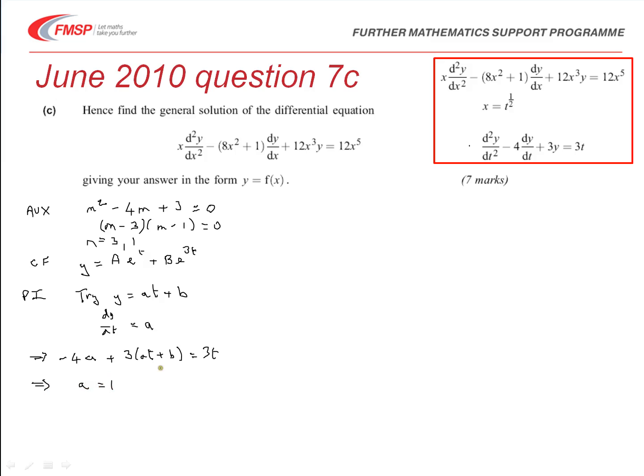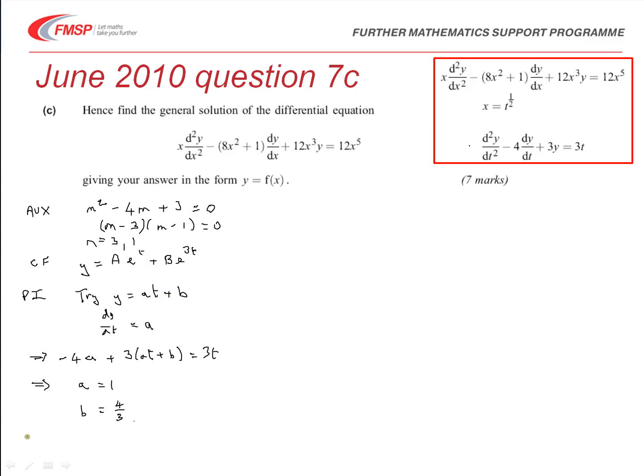And then comparing the other constants, we got 3b and minus 4a, so if a is 1, that will be telling us that b will have to be 4 over 3. So that gives us our particular integral, as y equals t plus 4 over 3.